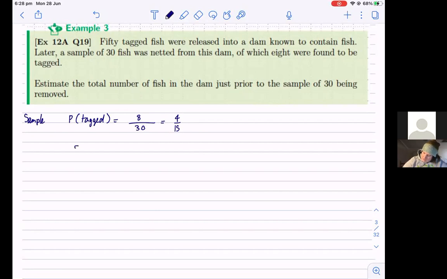So 50 out of the total in the dam technically should come out the same. So the total in the dam over 50 is 15 over 4, times by 50, total equals 15 times 50 divided by 4, 187.5 fish.